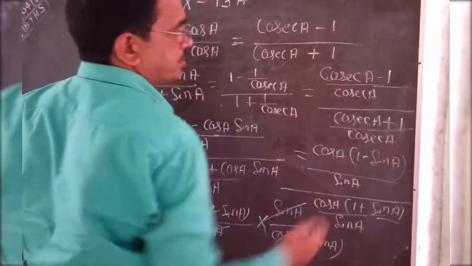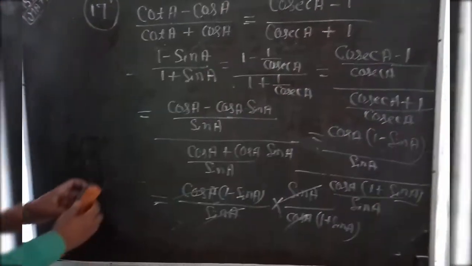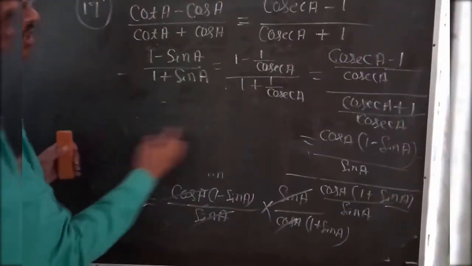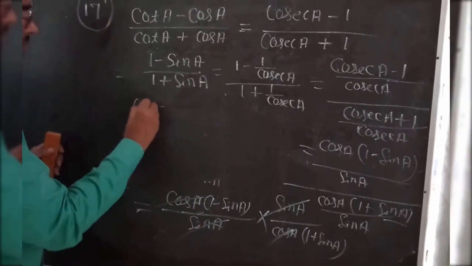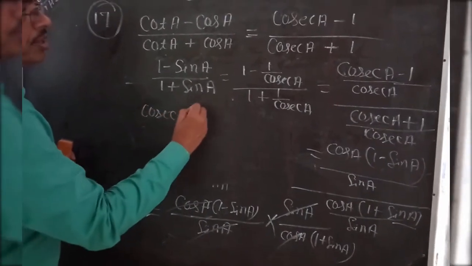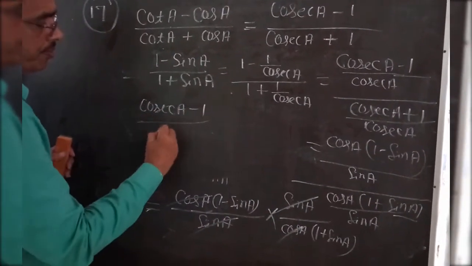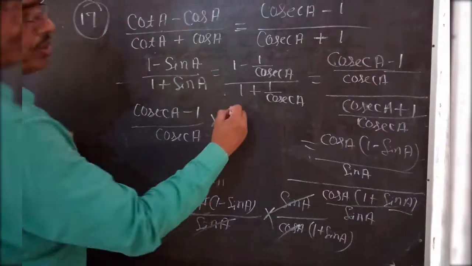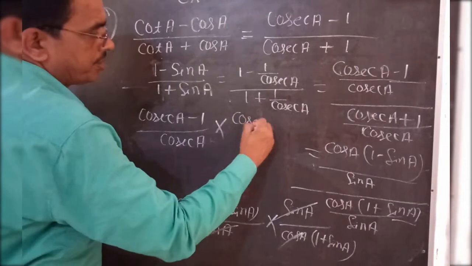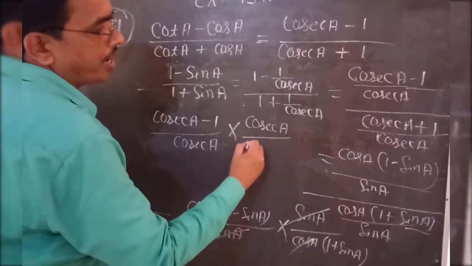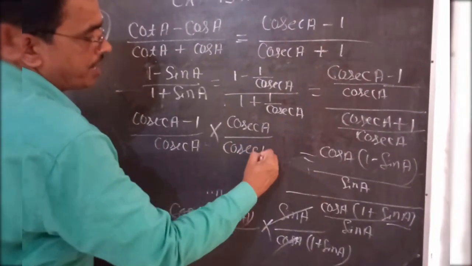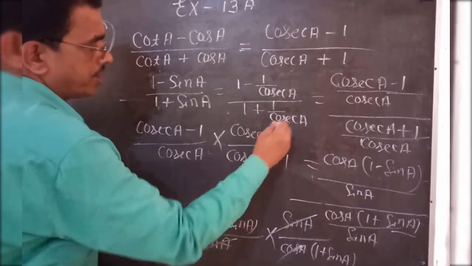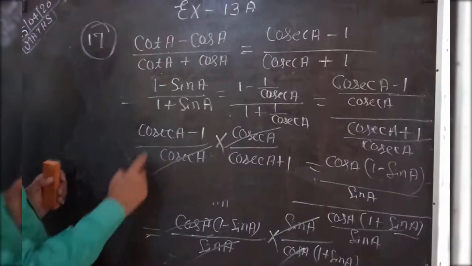plus 1. And last step, here you write cosec A minus 1 by cosec A into cosec A by cosec A plus 1, cancel, then it is the RHS.